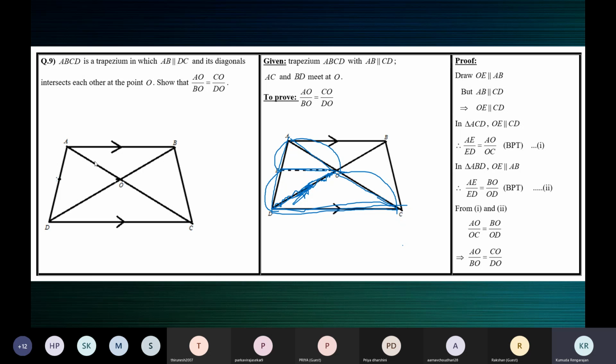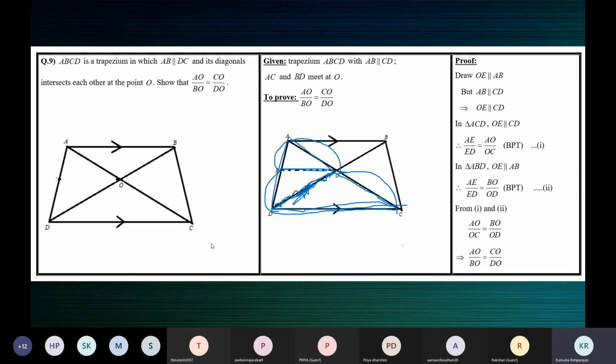They'll give you expressions like x plus 2, x plus 5, 2x minus 3, 3x minus 7 for OA, OC, OB and OD, and the question will be to find x.